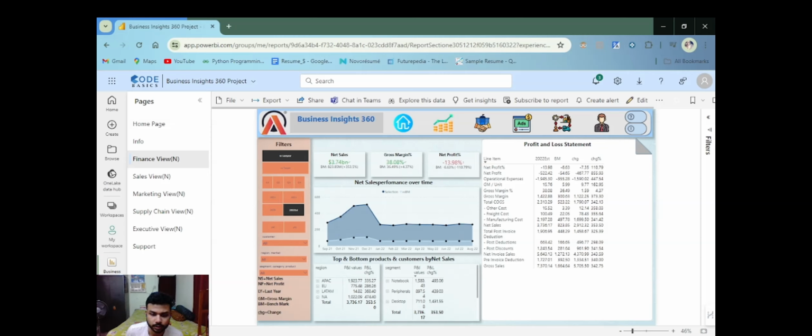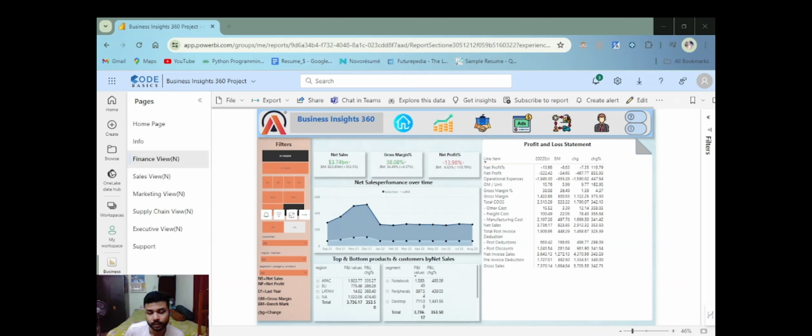YTD refers to year to date, meaning the time period from the beginning of the current fiscal year to the present date, and YTG, year to go, means the time period from the current date to the end of the current fiscal year.